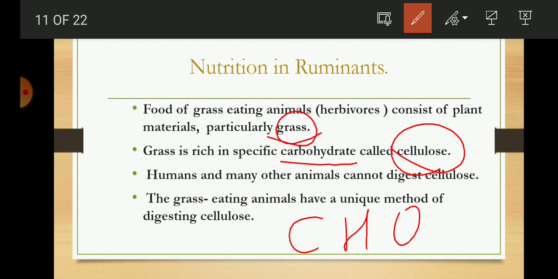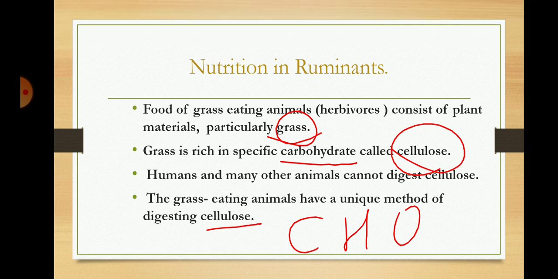Humans and many other animals cannot digest cellulose because we don't have the enzyme cellulase or cellulase producing organisms. The grass eating animals have a unique method of digesting cellulose, and let us discuss what method they are using.